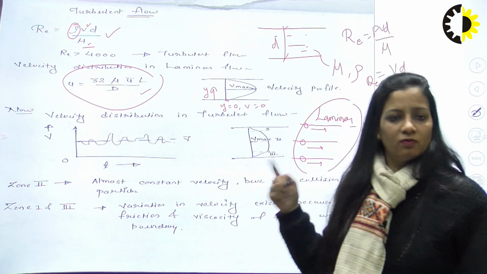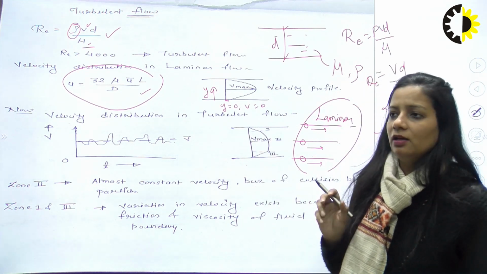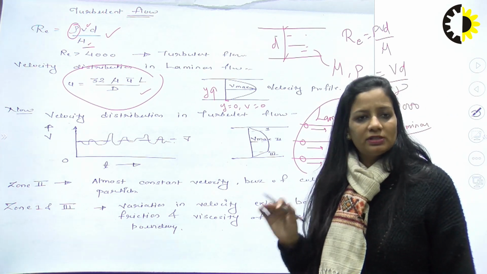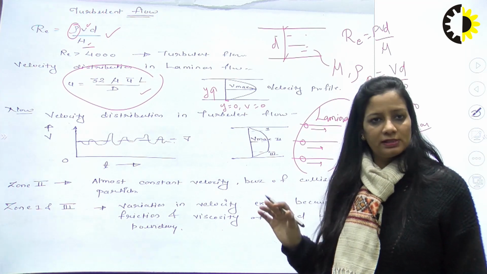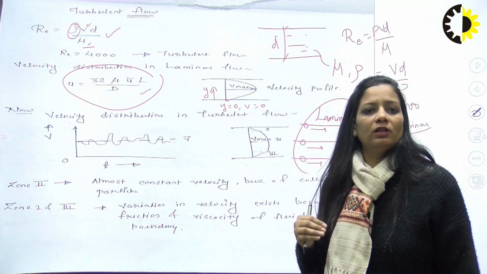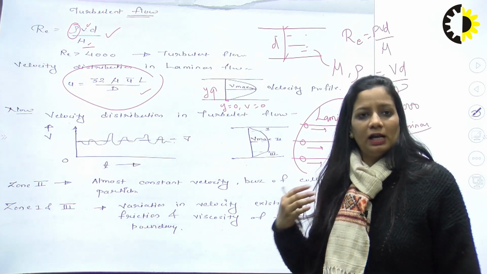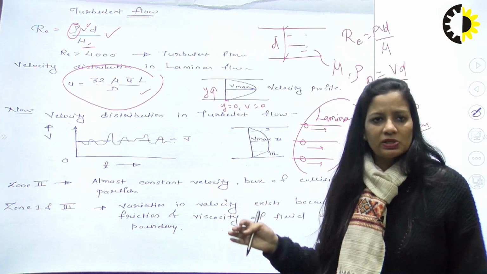What is meant by this? The lowest layer, which is stuck to the pipe wall, has a velocity of 0 at y equal to 0.